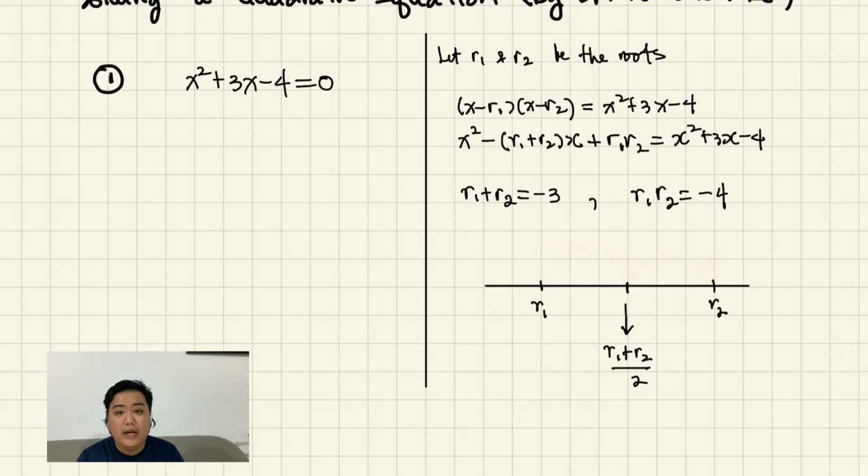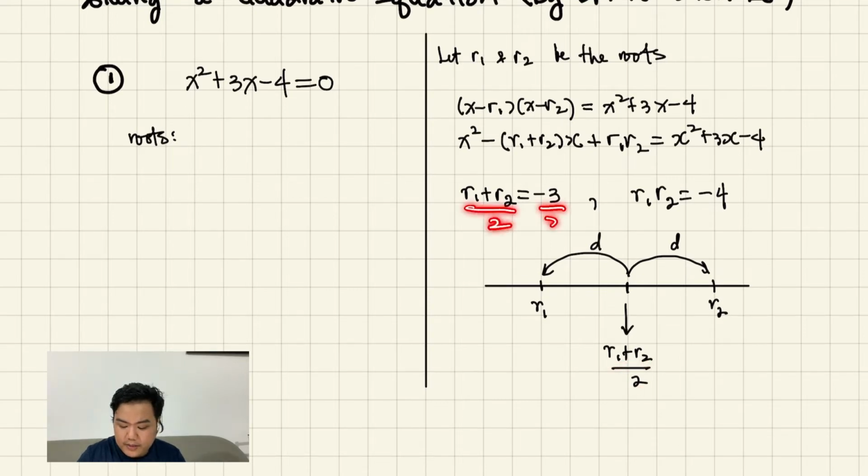But, from the average na makukuha natin dun sa sum ng roots, equidistant yung dalawang roots natin. So, ibig sabihin, let's say, may distansya silang D doon sa dalawa mong roots. So, yung hinahanap na natin na roots dito are, ang kailangan mo muna, R1 plus R2 divided by 2. You can divide both sides of this by 2.